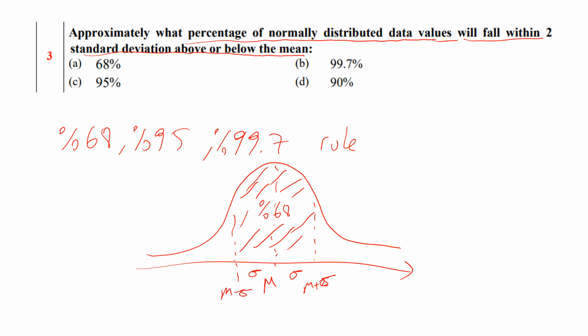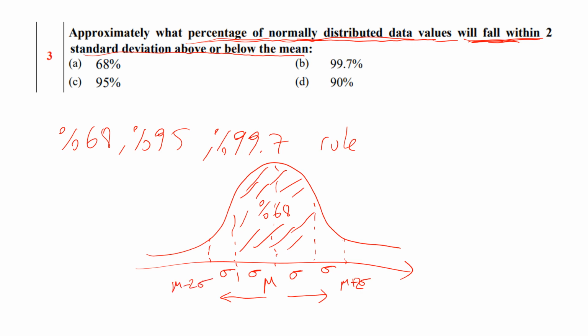But it says what percentage of the data fall within 2 standard deviations. So we have to go 2 sigma away from mu, 2 sigma below and 2 sigma above, so we'll have mu minus 2 sigma to mu plus 2 sigma.